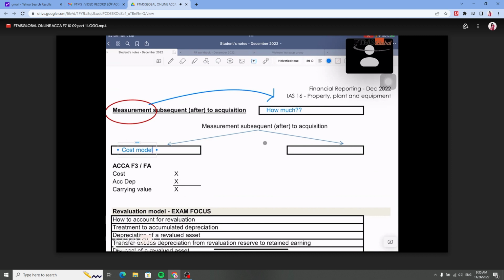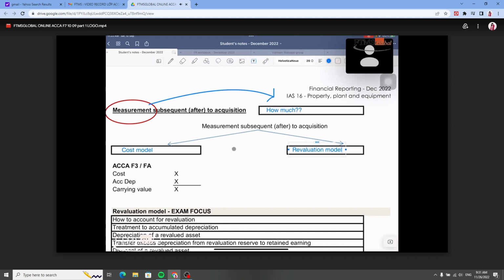Then of course there's another model which I think you are also aware. The other model is called revaluation model.